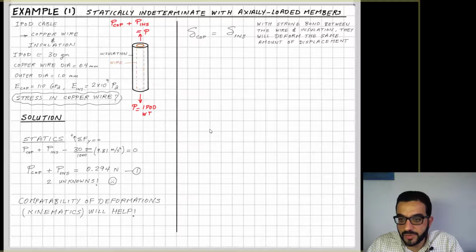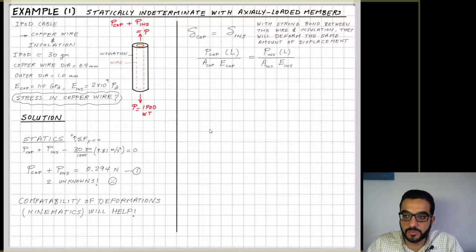Whatever elongation happens in the cable will be the same for the wire and for the insulation around it. So how do we calculate delta? It's PL over AE, using the corresponding values for each.